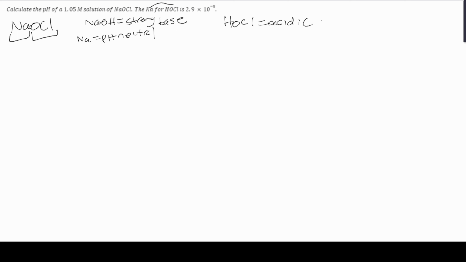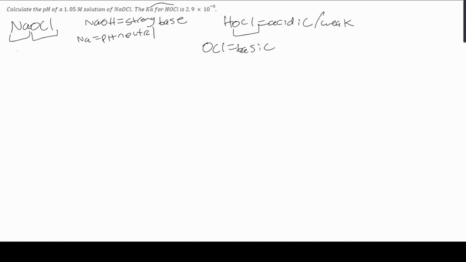So we know it's a weak acid, and we know this ion is OCl. The conjugate of a weak acid is going to be basic. That means that OCl is going to be basic.